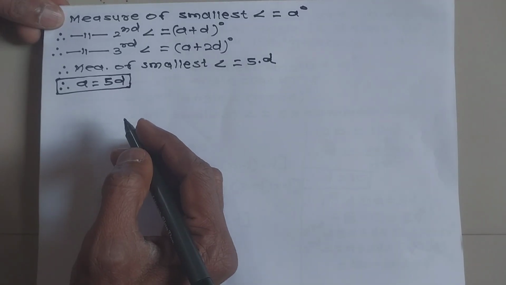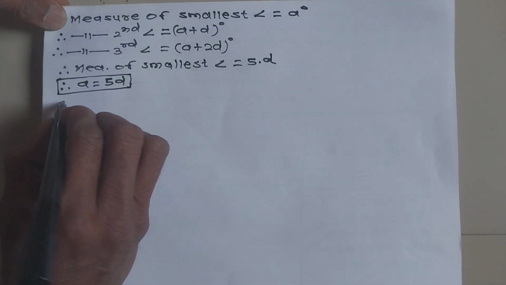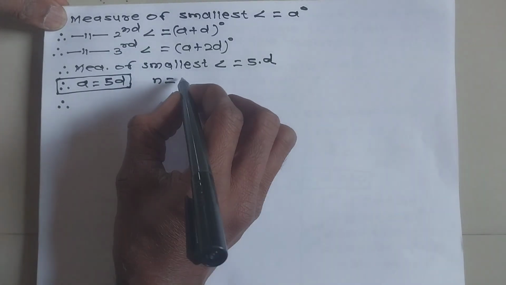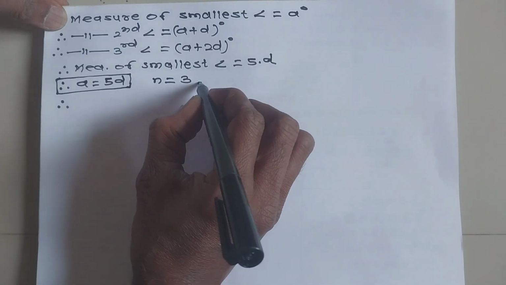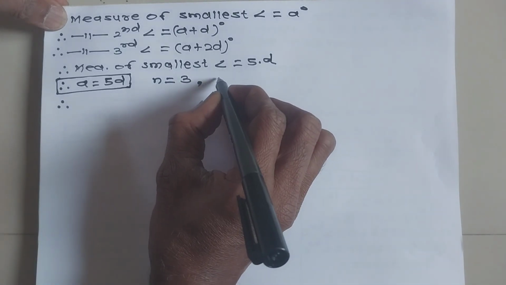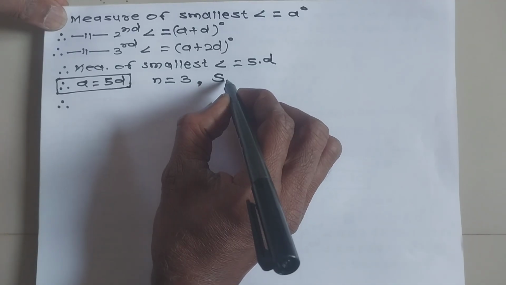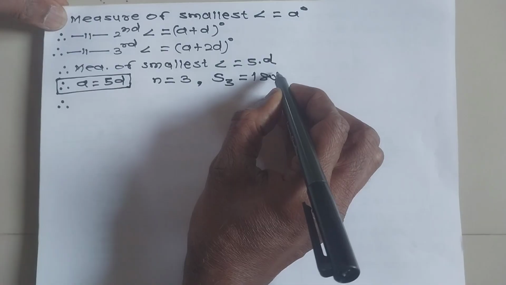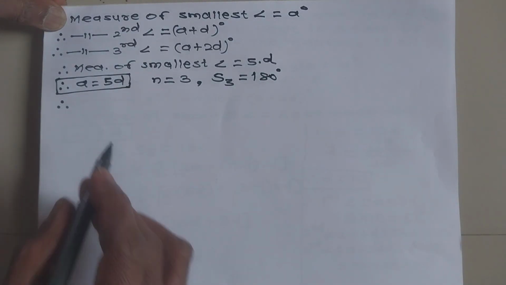Now every triangle has three angles, and therefore we write here n is equal to 3. The number of angles is equal to 3, and the sum of the measures of angles of a triangle is 180 degrees. So we write S3 is equal to 180 degrees.